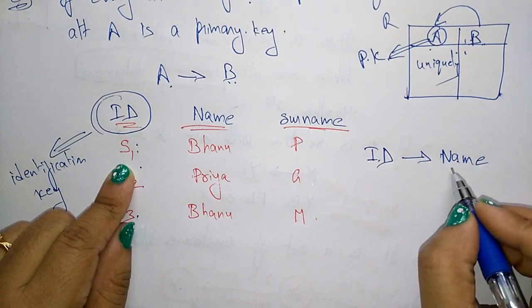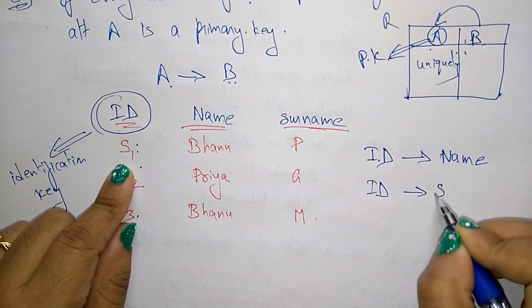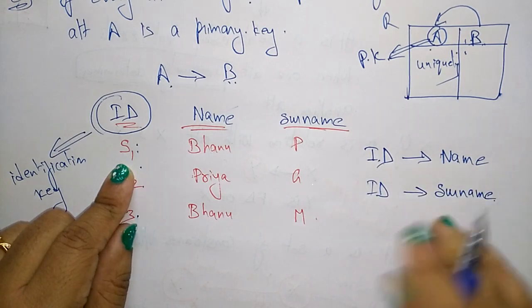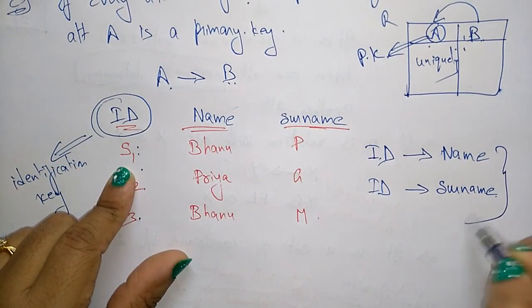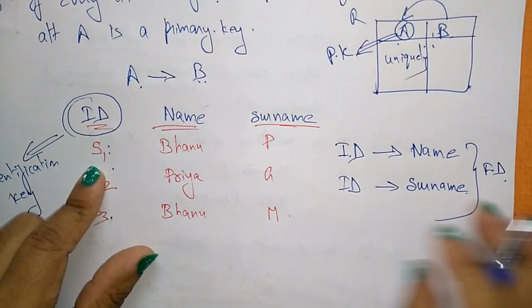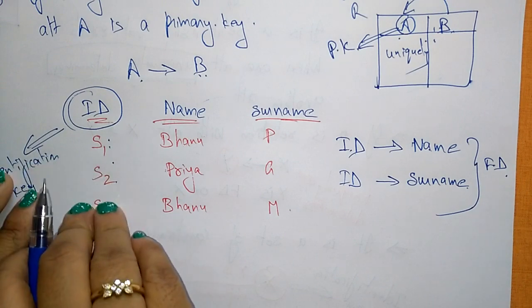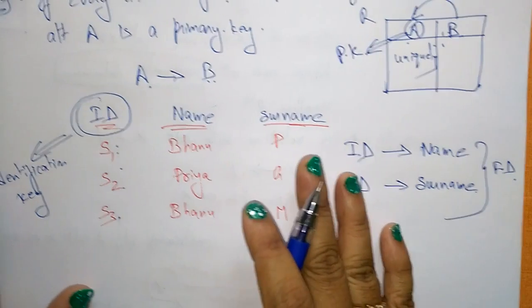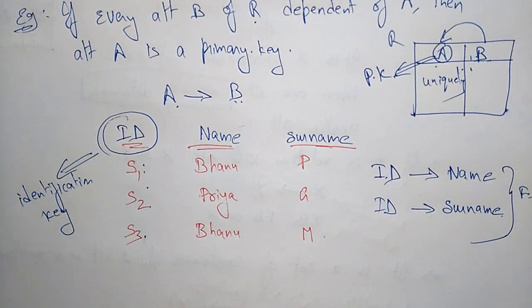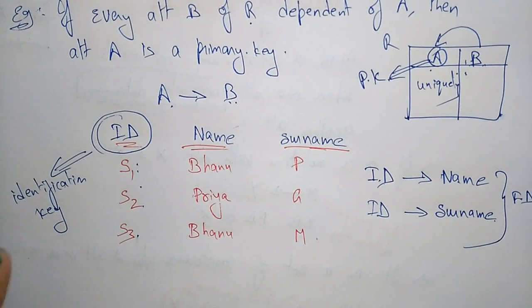In the same way, ID points to surname, so surname is functionally dependent on ID. Then you can say this table is a functionally dependent table. These attributes depend upon another attribute, that is a key attribute. Then you can say it is a functional dependency: a relation that exists between those attributes. I hope you understand what exactly functional dependency is. Okay, thank you.